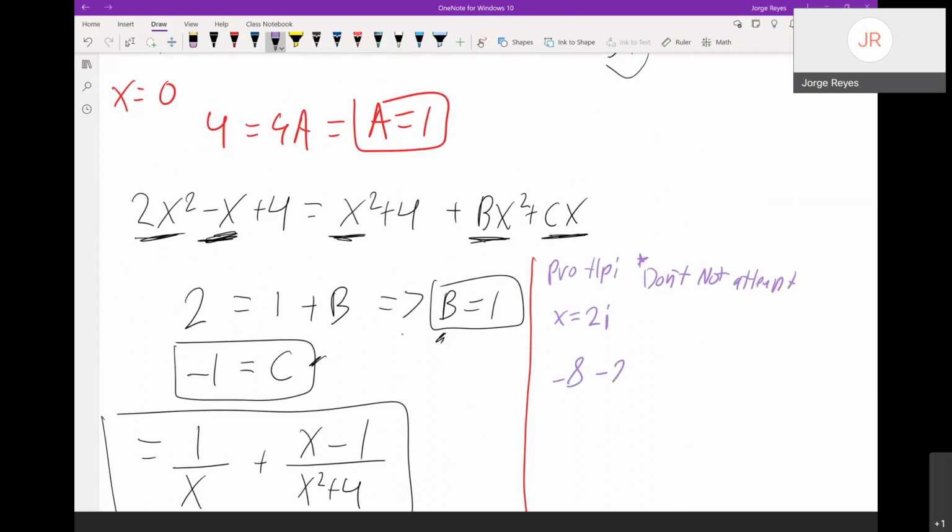Minus 2i plus 4 is equal to, and then this is 0. So you're gonna get plus -4b plus 2ic.